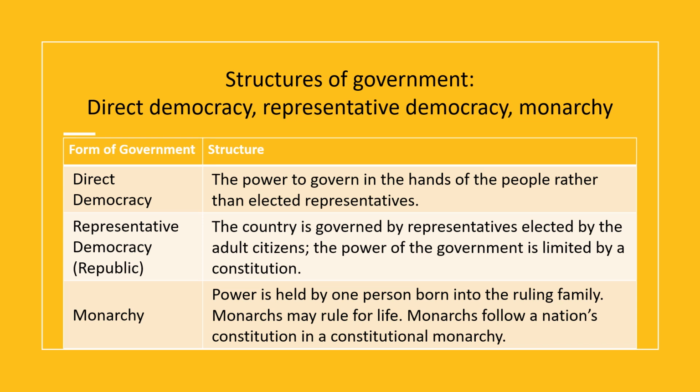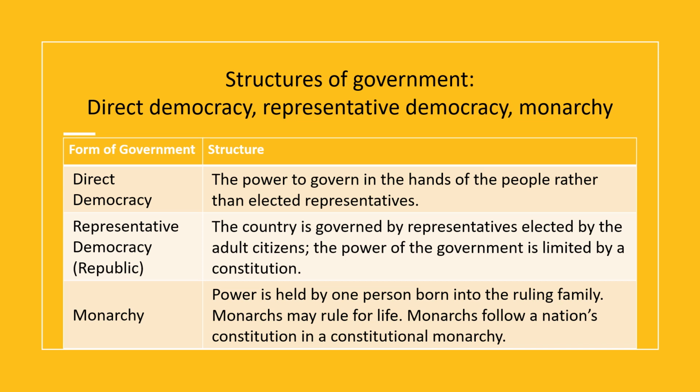Persons who may know nothing about a particular policy, or other persons who may know a great deal about a particular policy, have the same amount of power when it comes to governing.